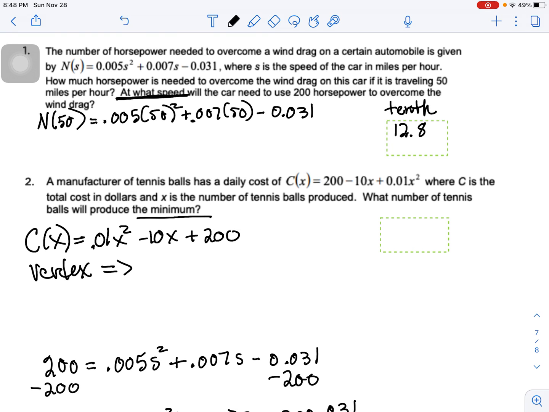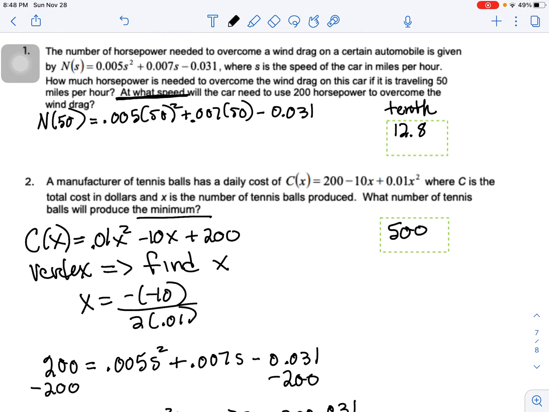And it says where C is the total cost and X is the number of tennis balls. What number of tennis balls means we're finding X. So that's one step calculation, opposite of B over 2A is 500.